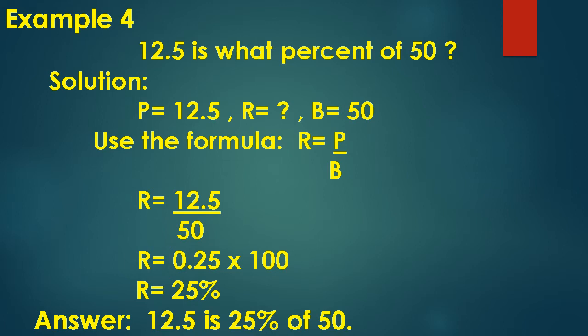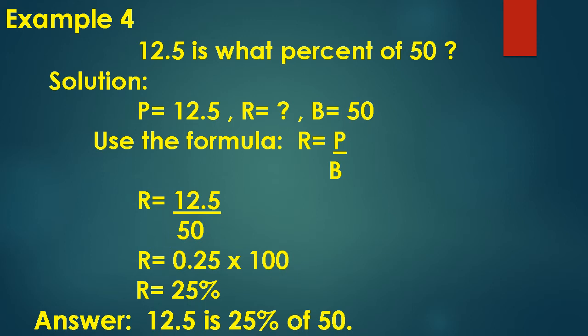Okay, we are going to use the formula R is equal to P over B. So R is equal to, substitute, the value of P is 12.5 or 12 and 5/10 divided by the base, which is 50.